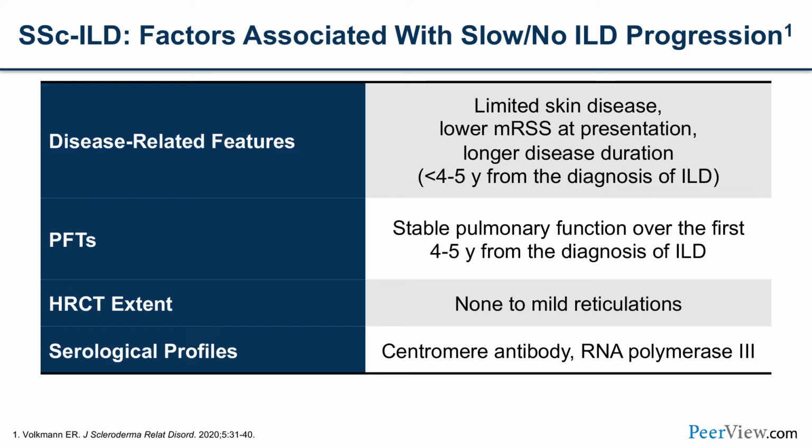Stable pulmonary function testing, higher FVC, DLCOs, and minimal reticulations to no reticulations denote lower likelihood of disease progression. And then the serologic profiles of the centromere antibody and the RNA polymerase III fall into this category as well.